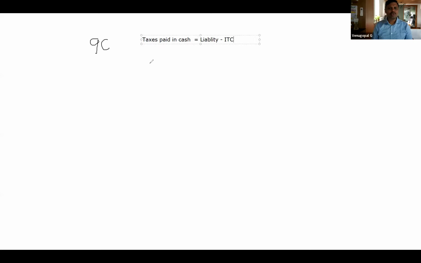Now, how is your liability derived? Your liability is your turnover multiplied by rate of tax. And how do you get the turnover? When we say turnover, we are saying taxable turnover, right?